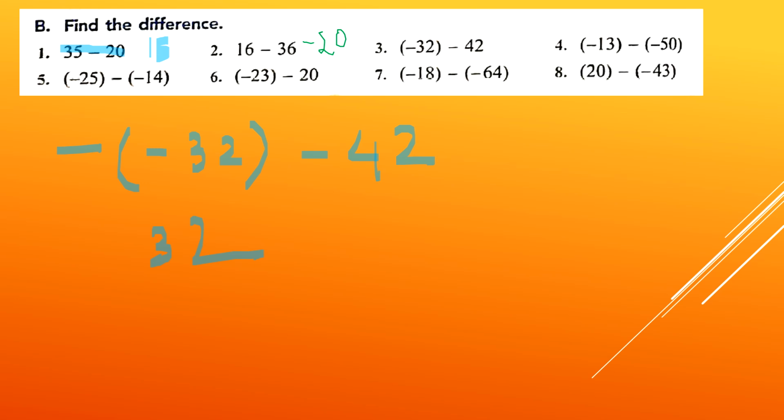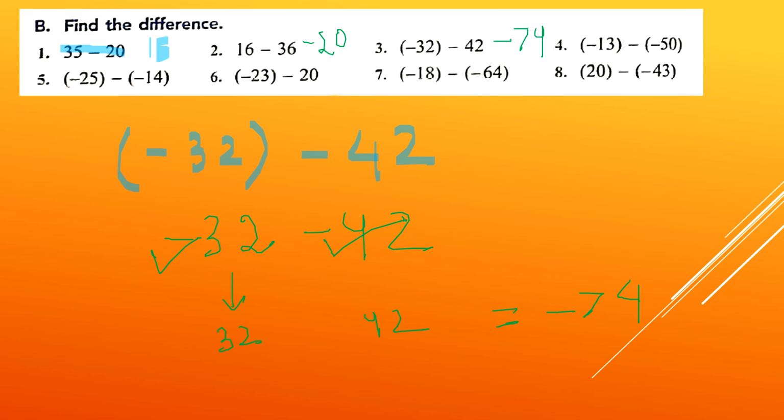But there is no sign of minus, so when we open the bracket, it remains minus 32 and minus 42. Now you see the picture is clear. The absolute value of minus 32 is 32 and this is 42. You will add the numbers, you get 74, but since both of them are negative numbers, you will get minus 74 as your final answer.